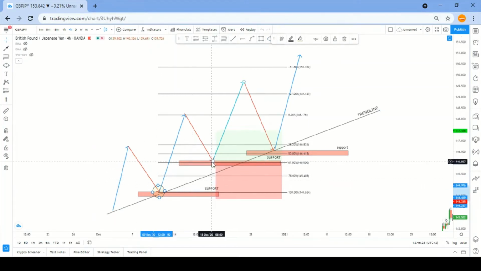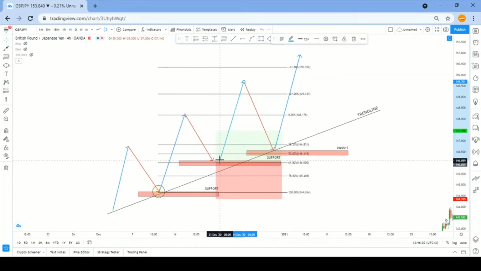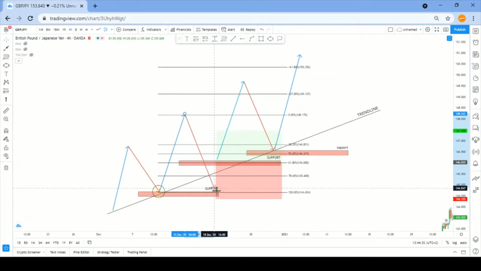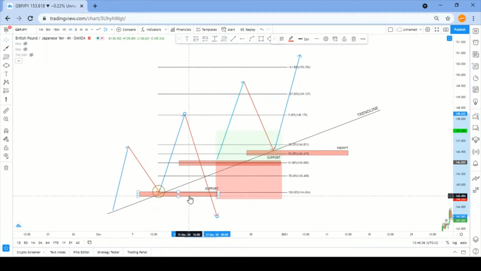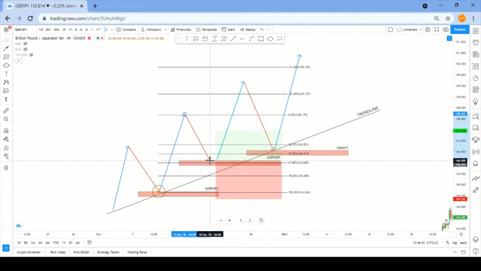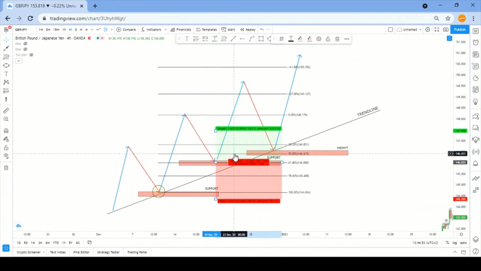So let's say price went down here and it broke this little support where we had 144.500. That would mean the structure is broken because my previous higher low was broken, and it didn't hold the bullish structure. So that's the only way you would have known the trade went against you. But look how big the stop loss is. That's 167 pips. But now let me show you something else.